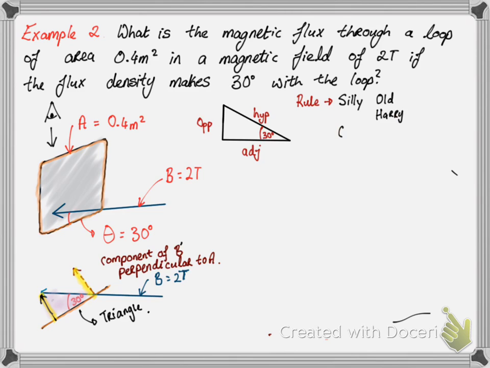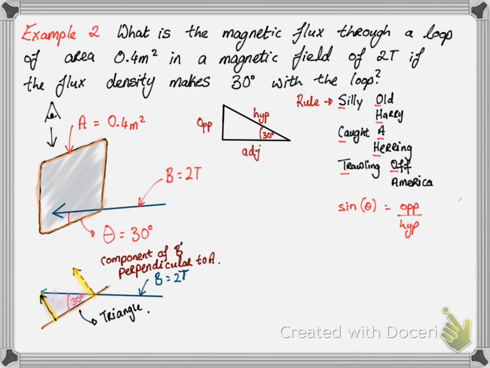A simple rule to remember our sine, cosine and tan rules: Silly old Harry caught a herring trawling off America. Sine, so silly for sine, is opposite over hypotenuse, cos equals adjacent over hypotenuse, and tan equals opposite over adjacent.